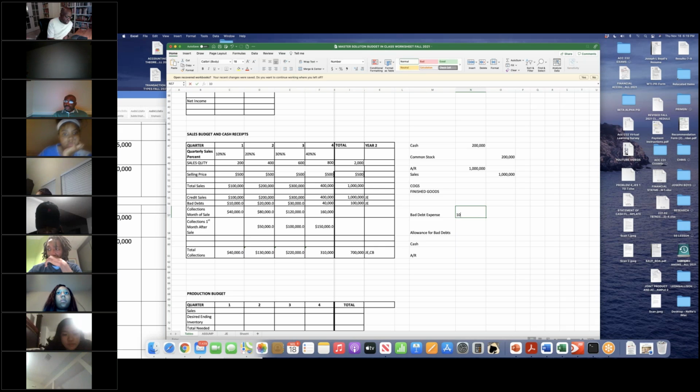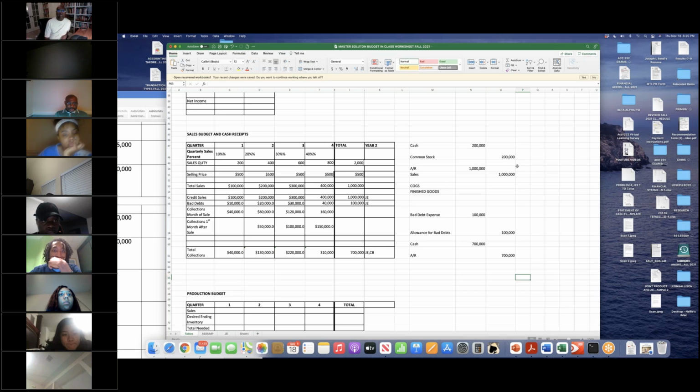So we're debiting bad debts 100,000 and crediting the allowance for 100,000. Then for these collections down here, we're debiting cash. And by making these journal entries based on what's in the cash budget, our financials and cash budget are going to tie in. So these journal entries cause them to tie in.